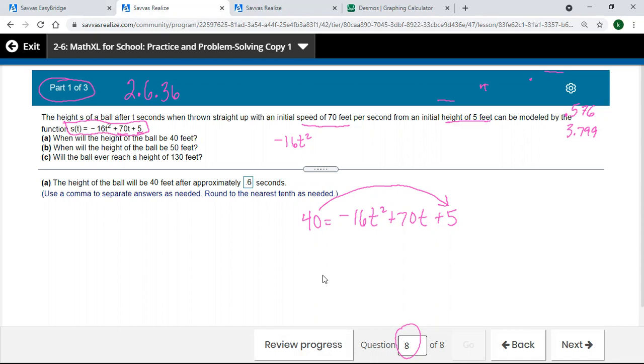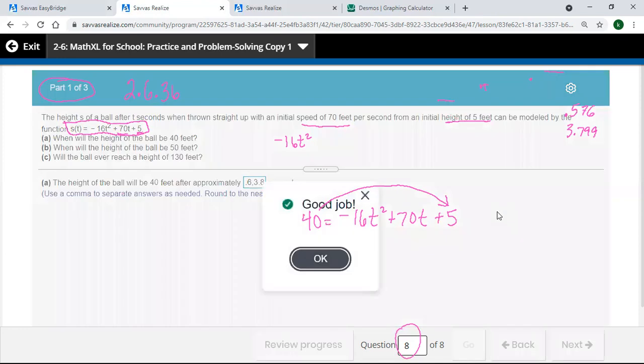Use a comma to separate the answers. The height of the ball will be 40 feet after approximately, I wonder if they want both of those answers, to the nearest tenth. I don't think the second one seems right, because after the 3.8, it's not going to be 40 feet after that. It would have been before that.